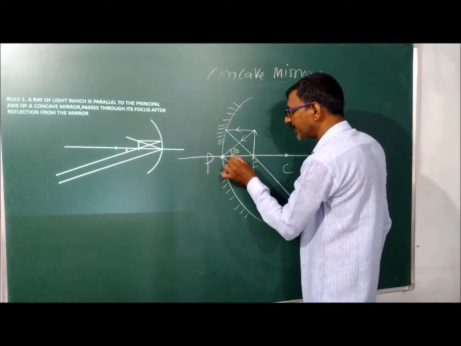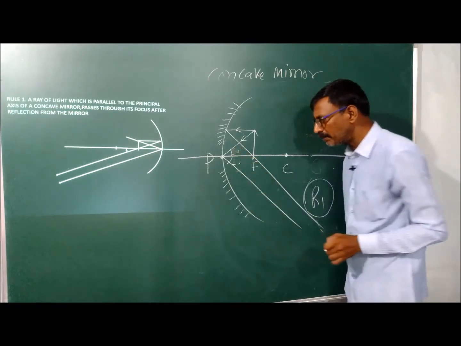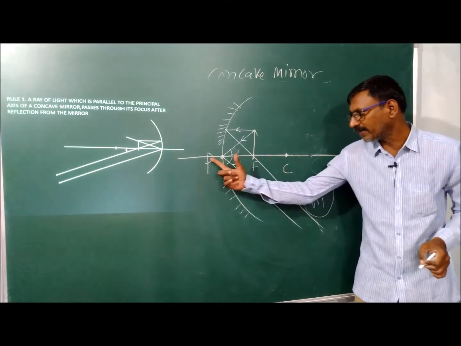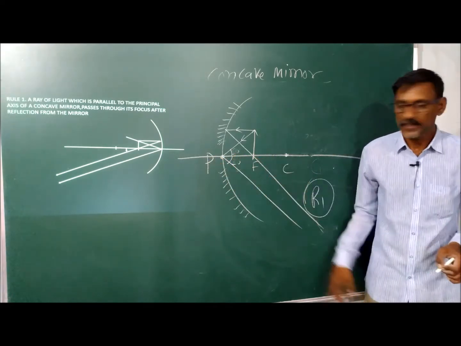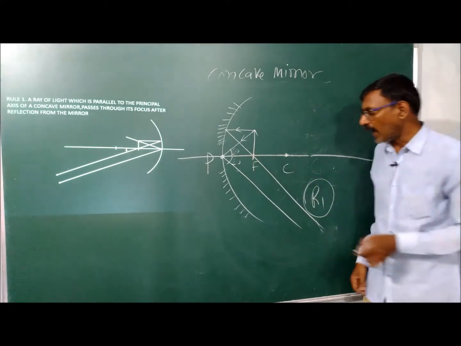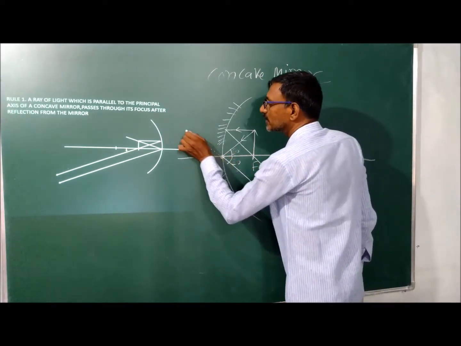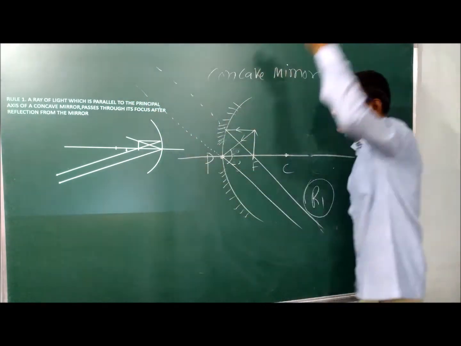Suppose this is 30 degrees, it is also 30 degrees, because this is my normal. I told you clearly, the center of curvature to pole is the radius of curvature, it is a normal. If you draw dotted lines like this and like this, these two are intersecting somewhere.